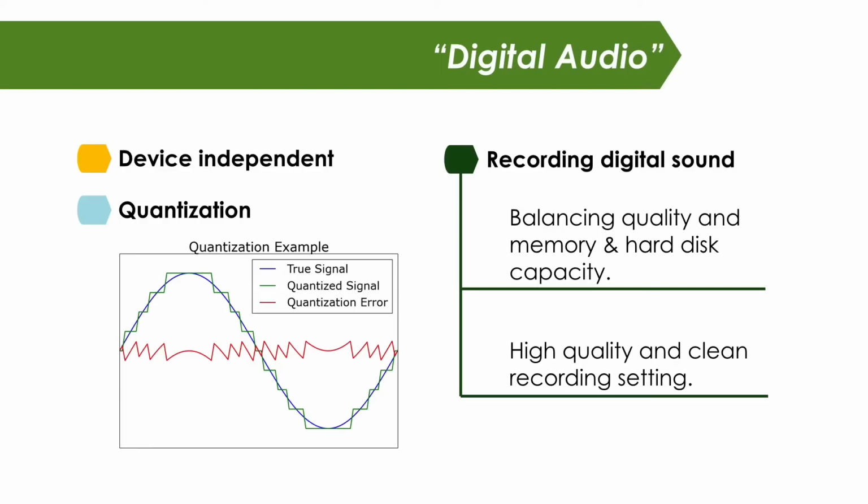As you can see in the chart in this slide, at the quantization sample, the blue lines represent the true signal or the analog signal, and the green lines represent the quantized signal or the digital signal that has been transformed based on the audio signal. So how do they transform the analog into the digital?